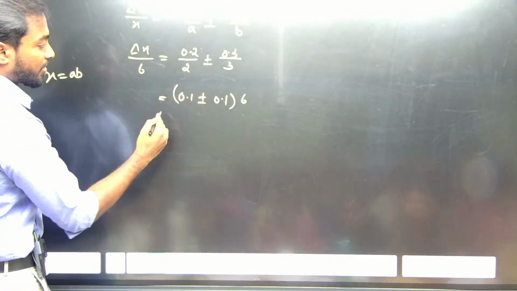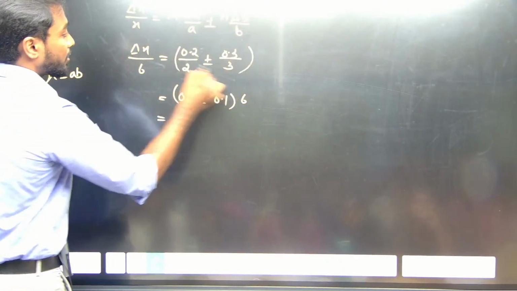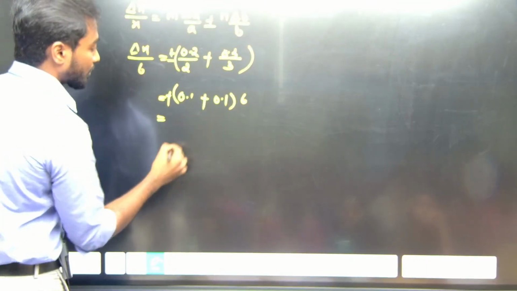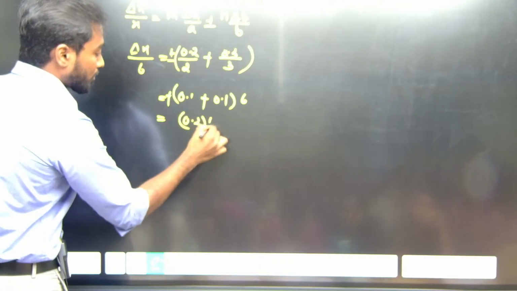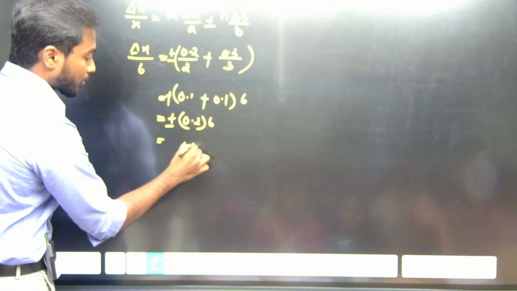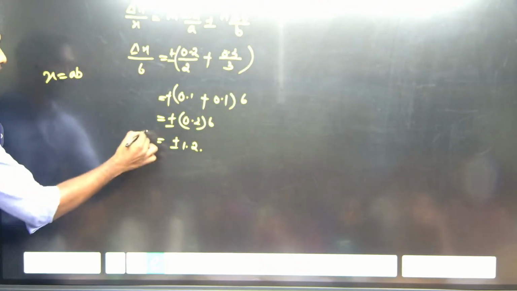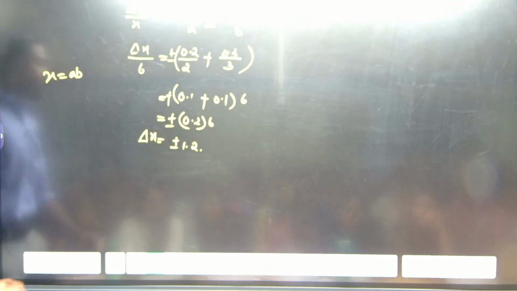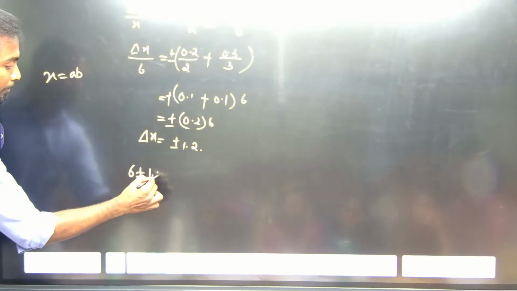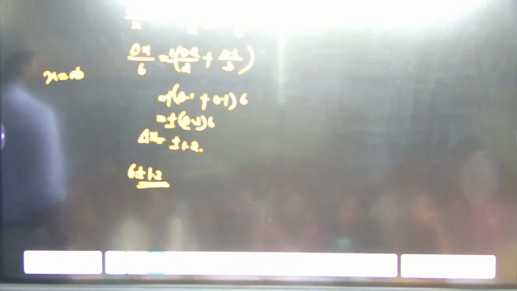Take the plus or minus commonly outside, add everything. So 0.2 into 6, which is nothing but 1.2 plus or minus 1.2 is the delta x value. So now the final value I can write as 6 plus or minus 1.2. This is the answer. Getting?